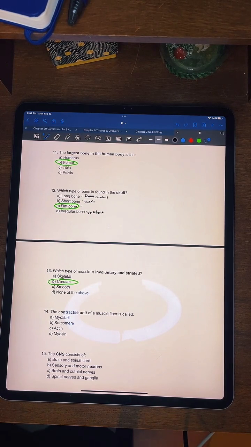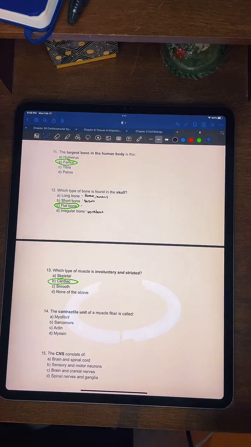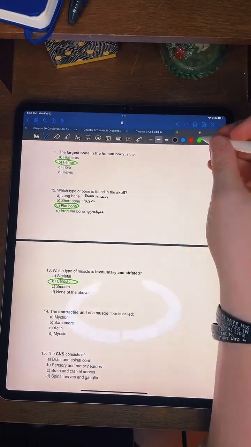Yes, the ethmoid is an irregular bone, because it doesn't really fit into a category. All right, 14, the contractile unit of a muscle fiber is called a sarcomere.